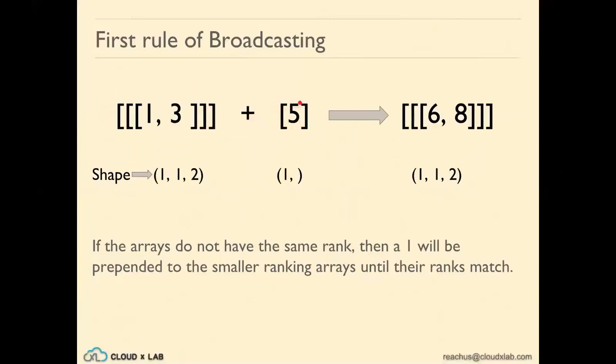It'll convert the one-dimensional into three-dimensional by putting more brackets around it, or you can say it'll convert this into 1 by 1 by 1. All right, so that's the first one. Clear to everyone? So if it becomes 1 by 1 by 1, then it'll be easier. All right, I'll show you more.